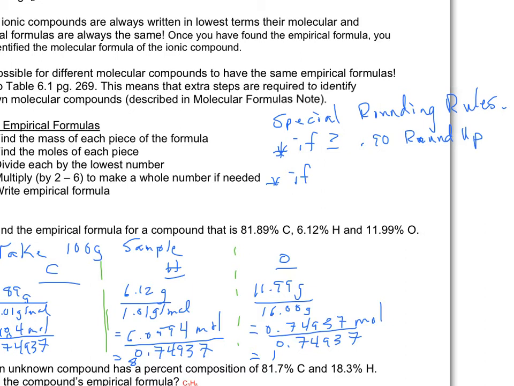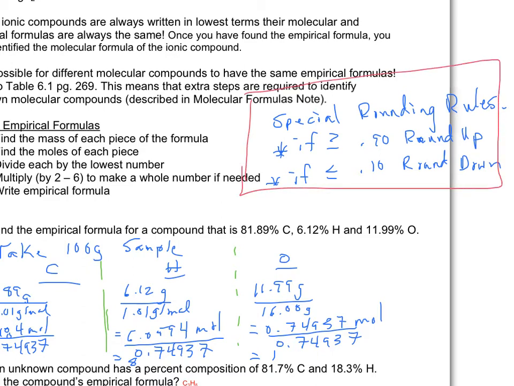If the decimal place you get is less than or equal to 0.10, then you are allowed to round down. The reason why we have these special rounding rules is because if it's 0.5 or above, you're rounding up by a whole atom, and that creates a lot of error in your experiment.